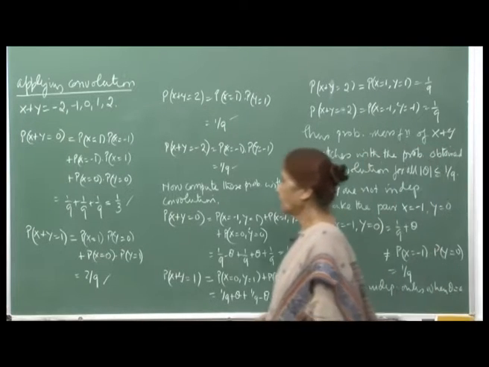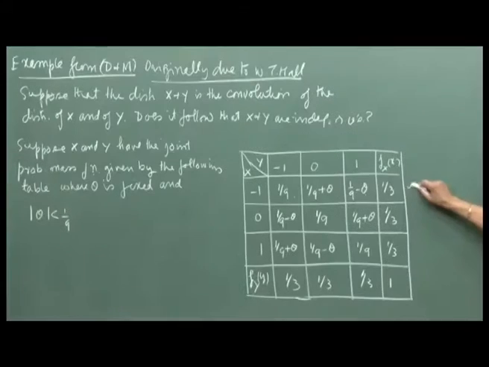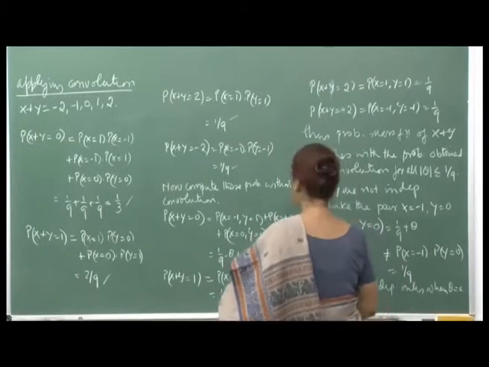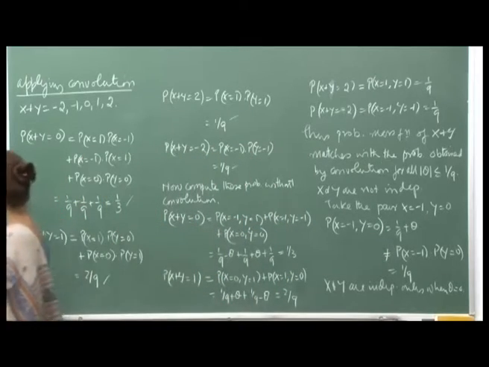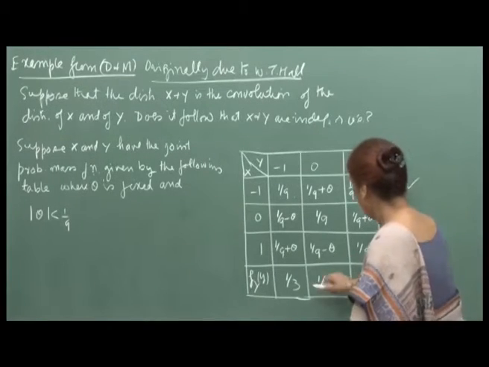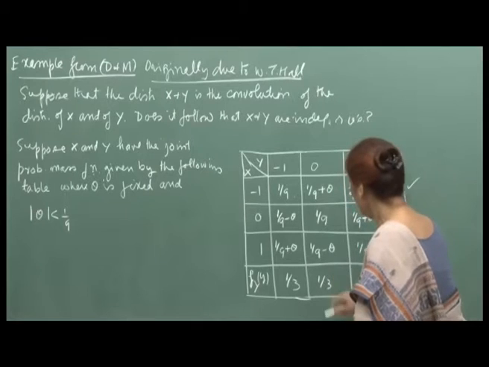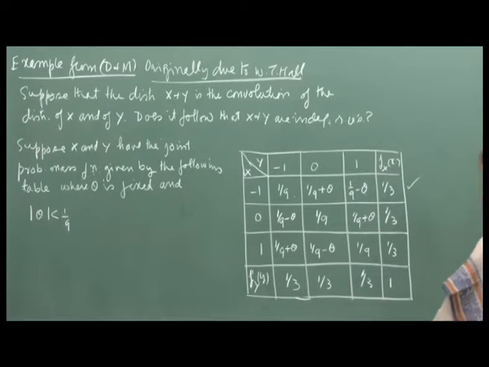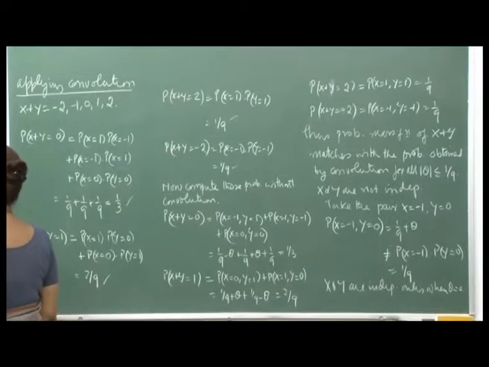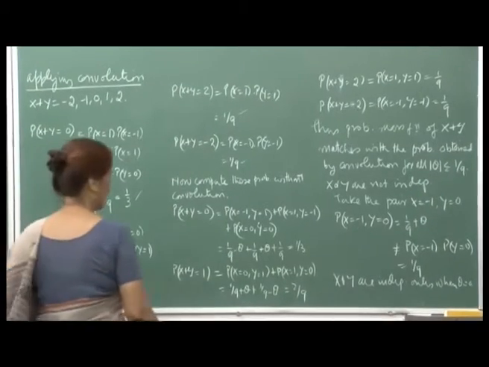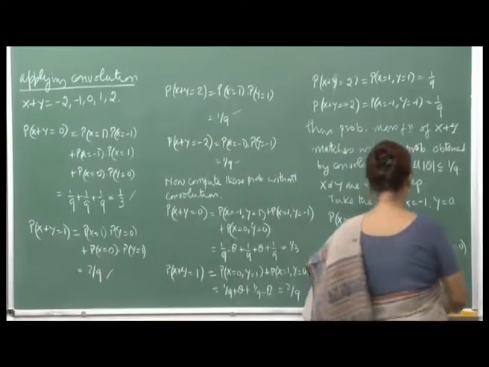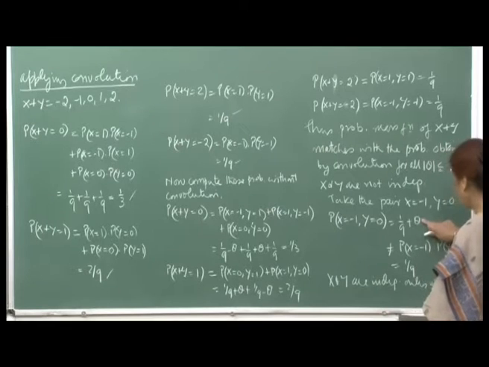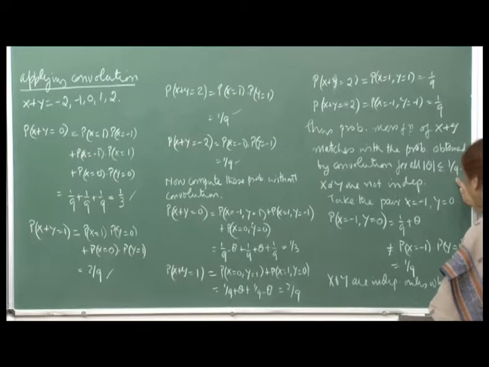From the marginals, probability x equal to minus 1 is 1 by 3, and probability y equal to 0 is 1 by 3. So that is 1 by 9, and therefore the two are not equal as long as theta is some positive number, of course satisfying the condition that absolute value of theta is less than or equal to 1 by 9.